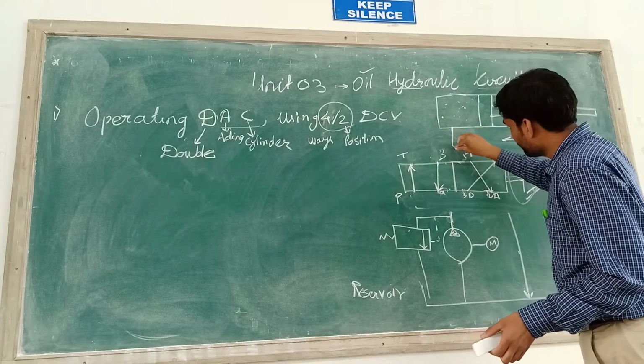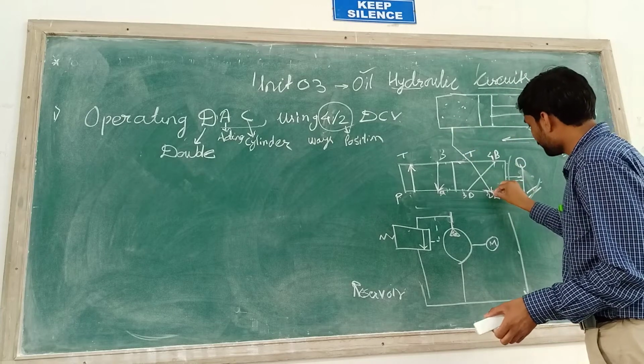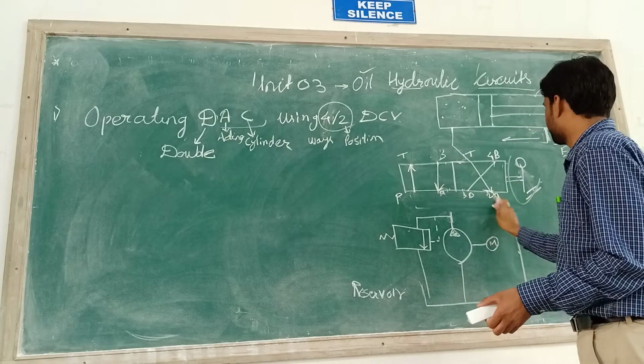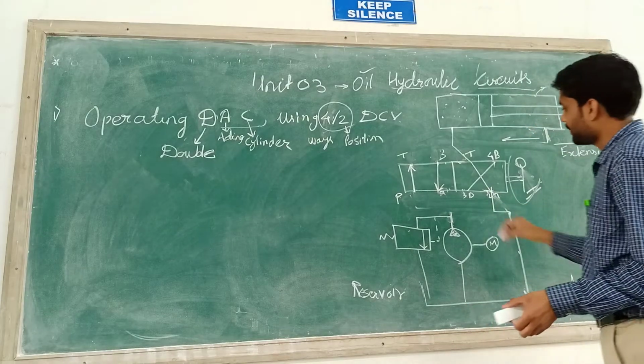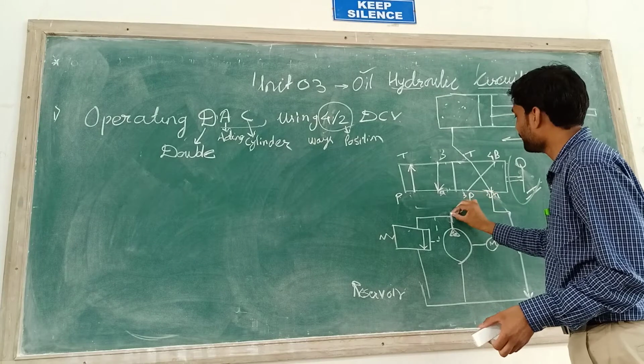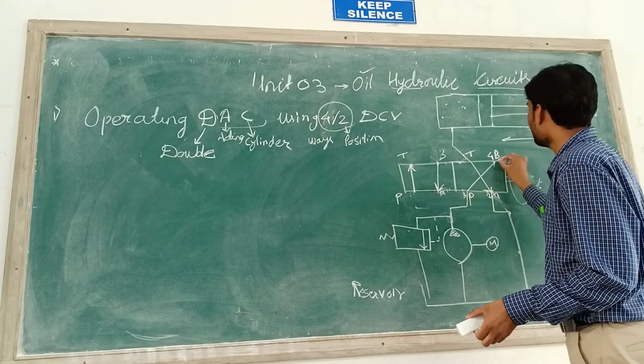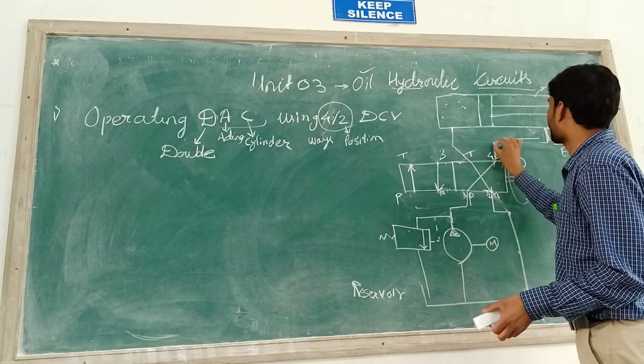Under this position, this port T is connected to the port A. Port T is connected to the port A, and this pump port P is connected to the port B.